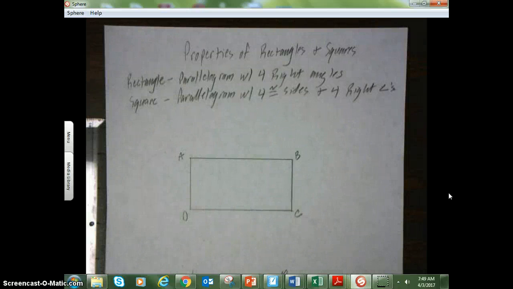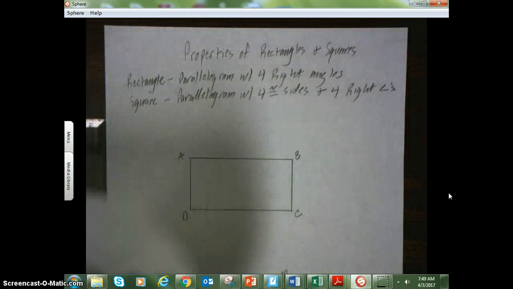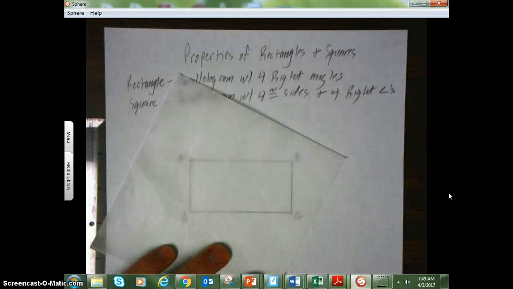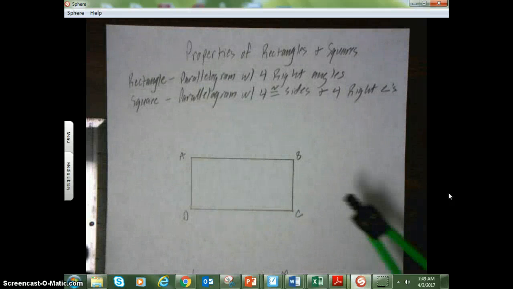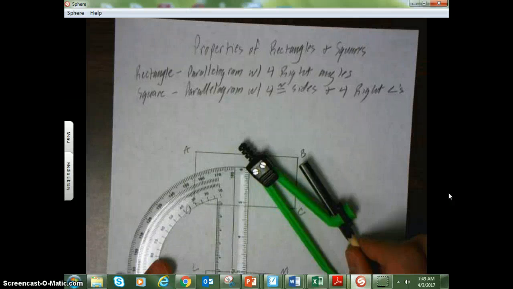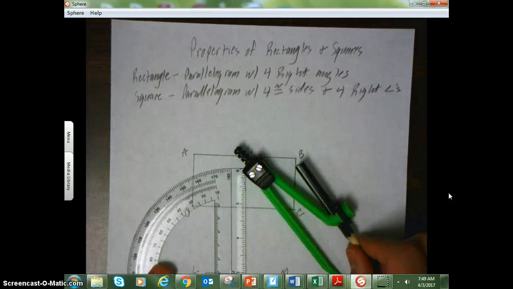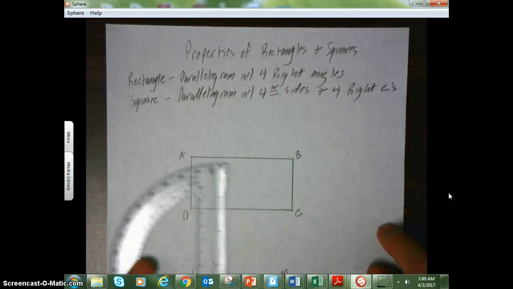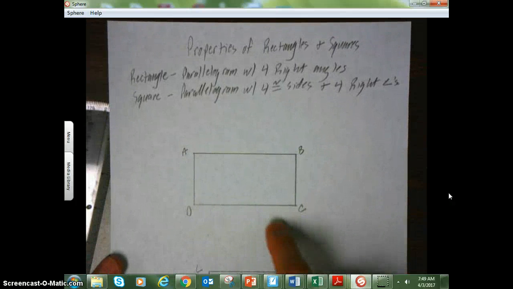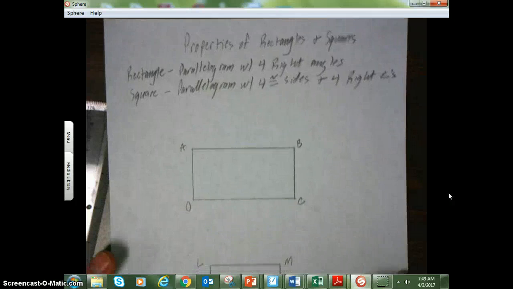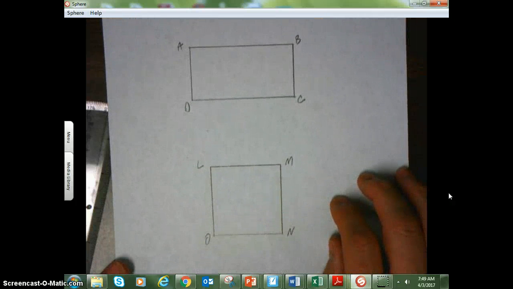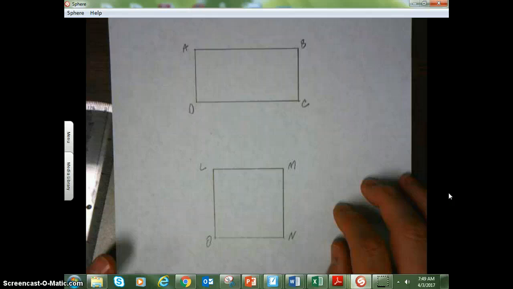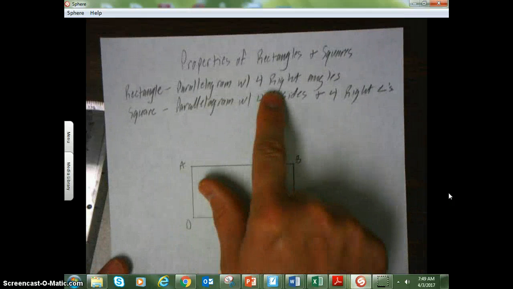Now, if you are going to follow along with the investigation, if you have patty paper available, that will be helpful. Otherwise, a compass and a straight edge will be useful to help you see the things that we're going to compare. So what I've done is I've started off with a rectangle and here at the bottom a square. I've constructed them so that they have the characteristics of the definitions.